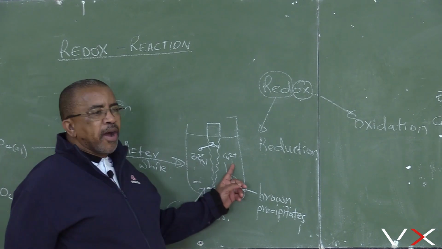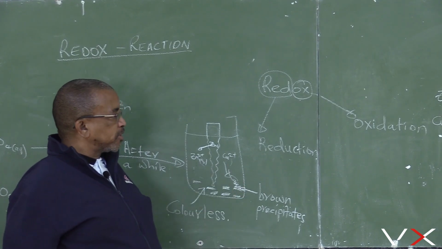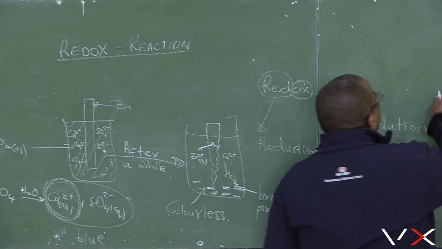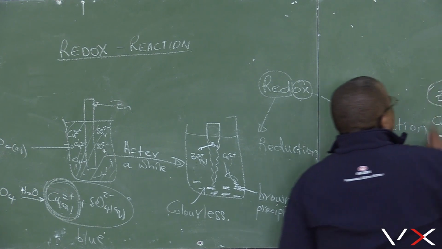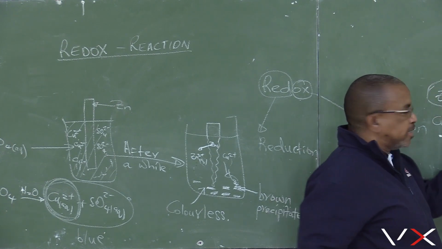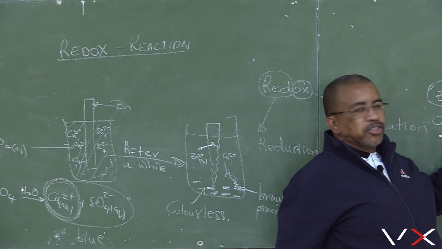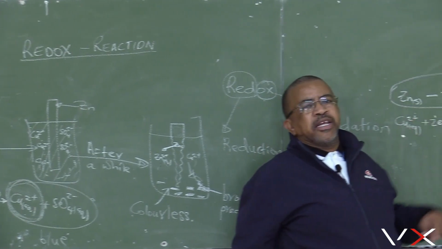So now copper forms copper solid. Now watch here. As zinc loses 2 electrons, the zinc atom loses electrons.